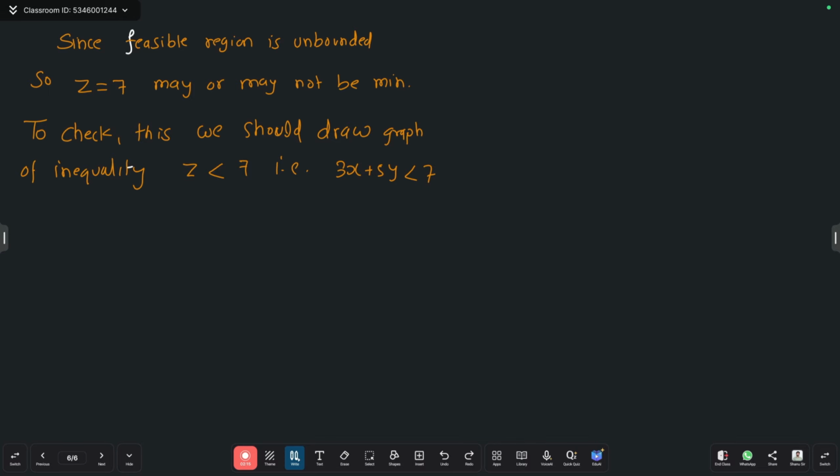We should draw the graph of the inequality and check whether there is any common point with the feasible region or not.